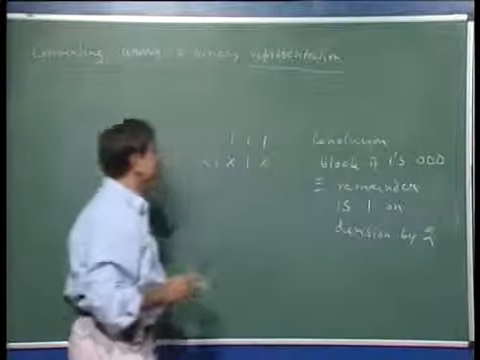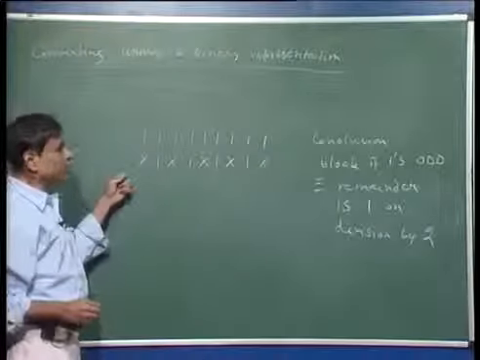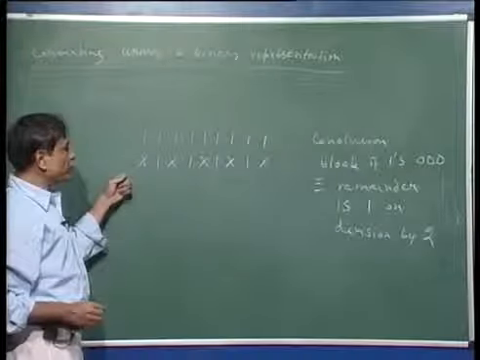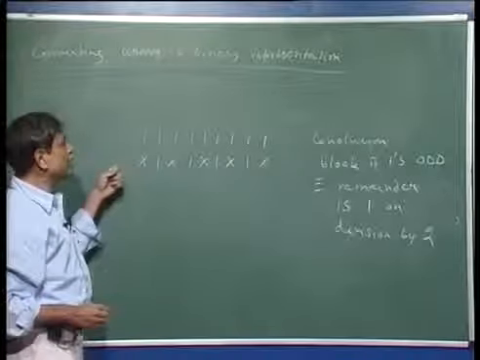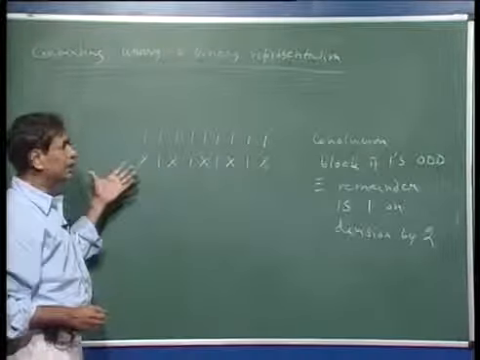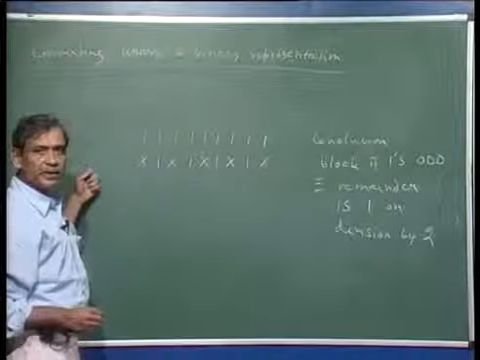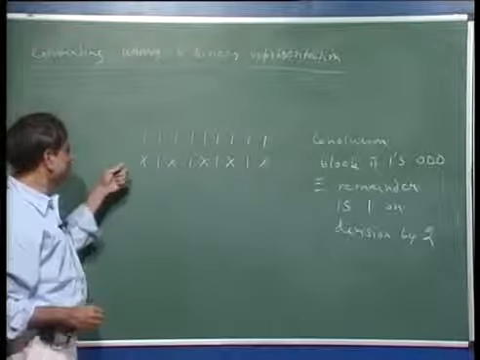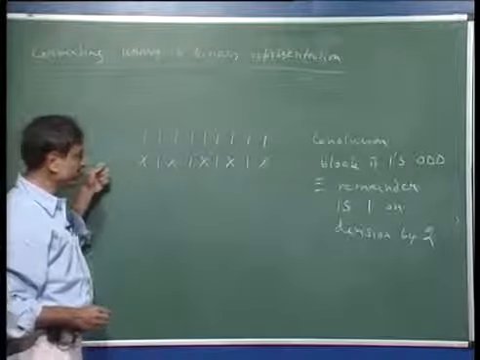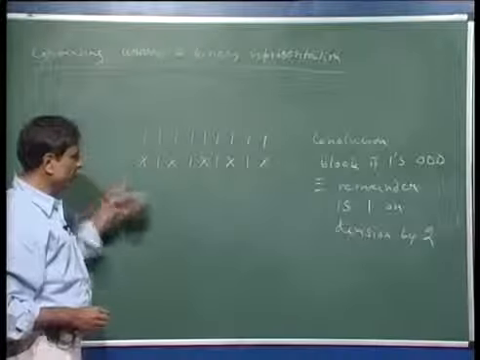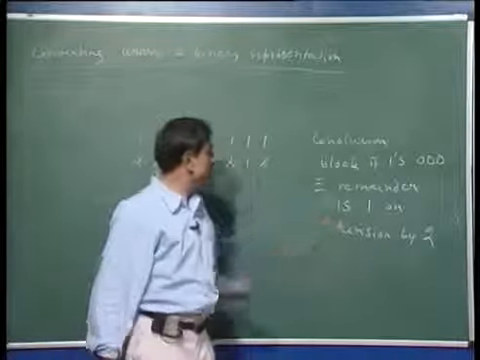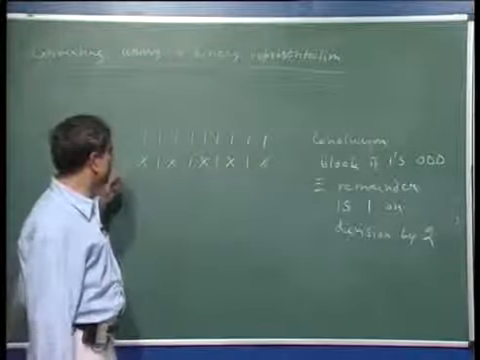So, we have found indeed the least significant bit of the binary representation, right. Because the remainder is 1, that least significant bit is going to be 1.